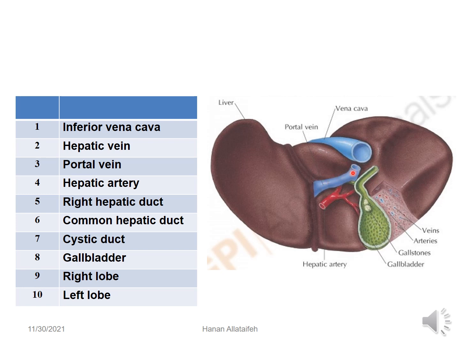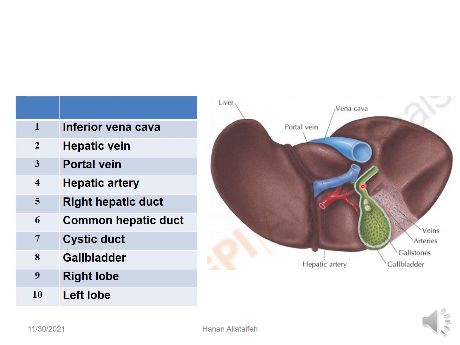It will empty its blood into the liver, and the blood will be drained from the liver through hepatic vein, which is not apparent here, into the inferior vena cava. You can notice also at the inferior aspect of the liver the gallbladder.